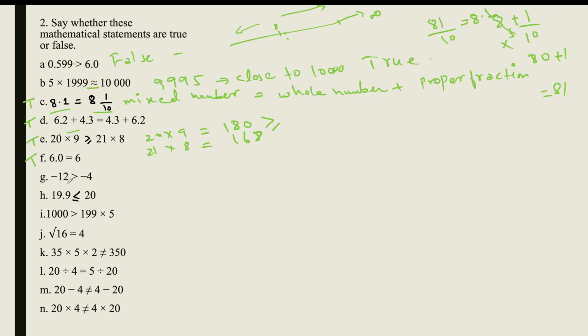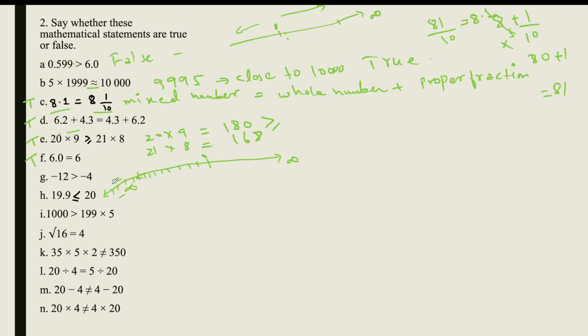The next part is minus 12 is greater than minus 4. So here again we will take a number line. This is moving towards positive infinity, this is towards negative infinity, and here this is, let's say, 0. So here 1, 2, 3, 4, 5, 6, 7, 8, 9, 10, 11, 12. Let's say this line is extended to somewhere in here.